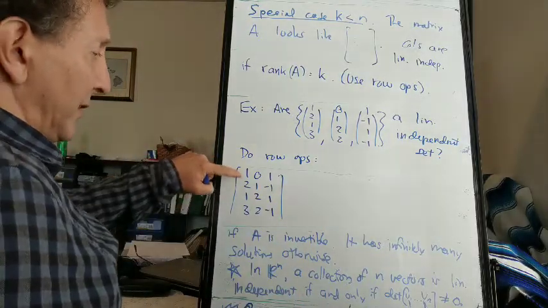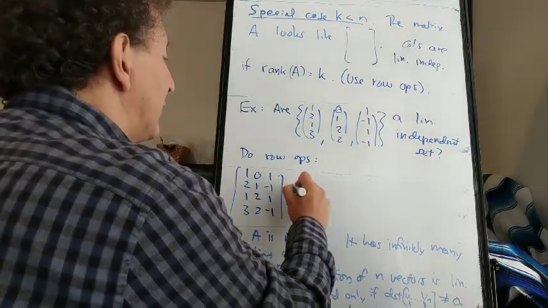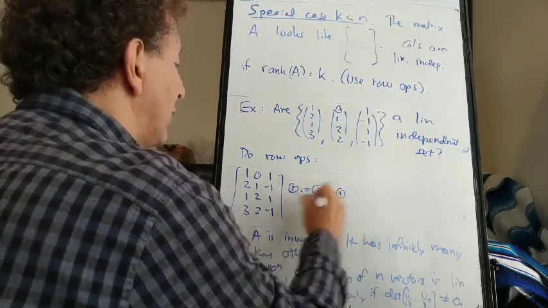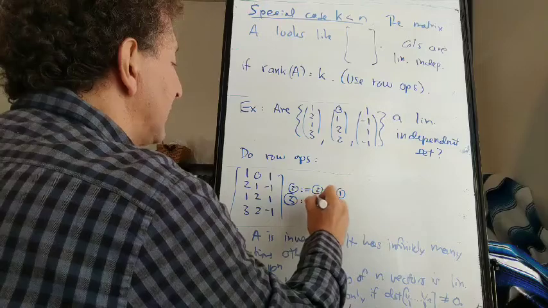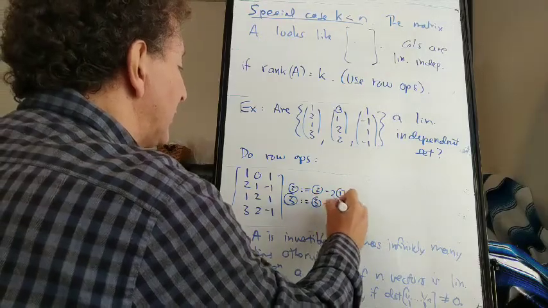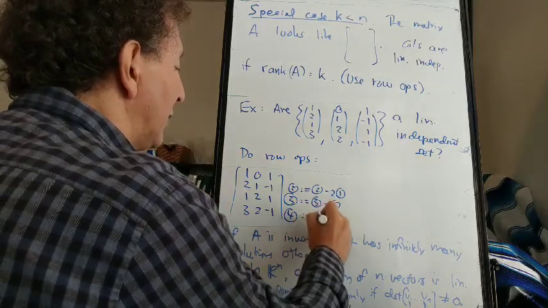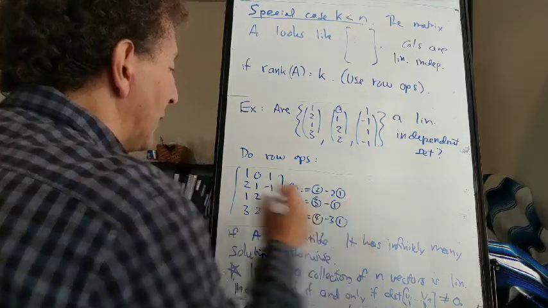We can use this 1 to make zeros below it, so we'll let row 2 be row 2 minus 2 times row 1. Row 3 is going to be row 3 minus row 1, because it's got a 1 in it, and then row 4 can be row 4 minus 3 times row 1.